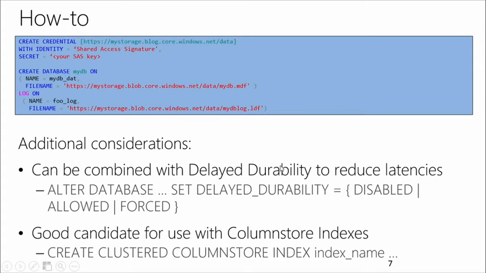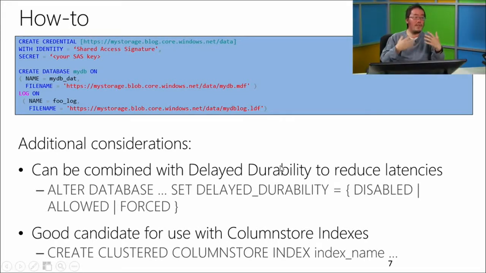The first one is delayed durability. Delayed durability is a new feature in SQL Server 2014, and what it does is postpone some of your log writes. When you make a transaction to the database, typically we wait for that transaction to harden. This means that the transaction is fully committed to the log, and even if the server were to crash, we would be able to recover from it.